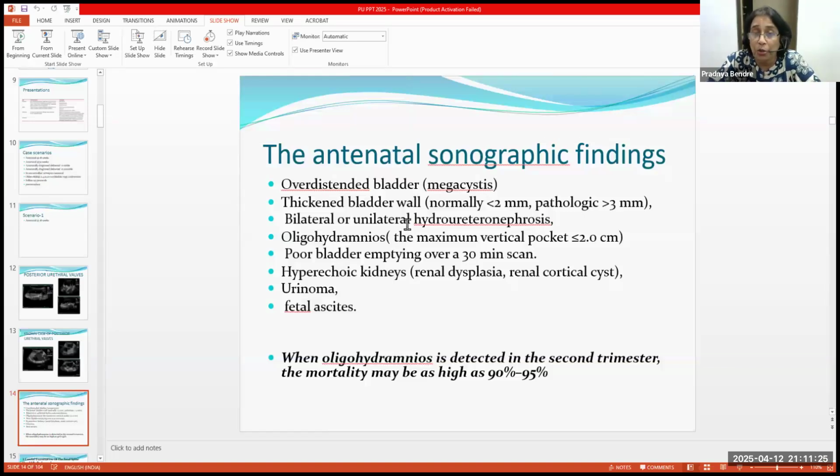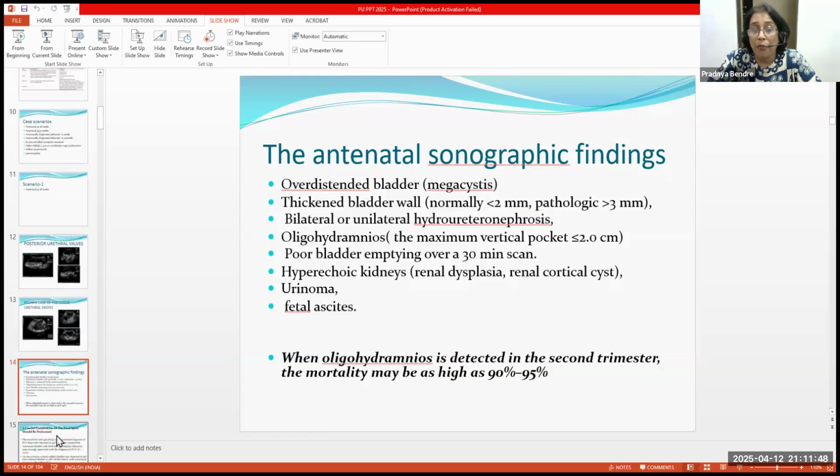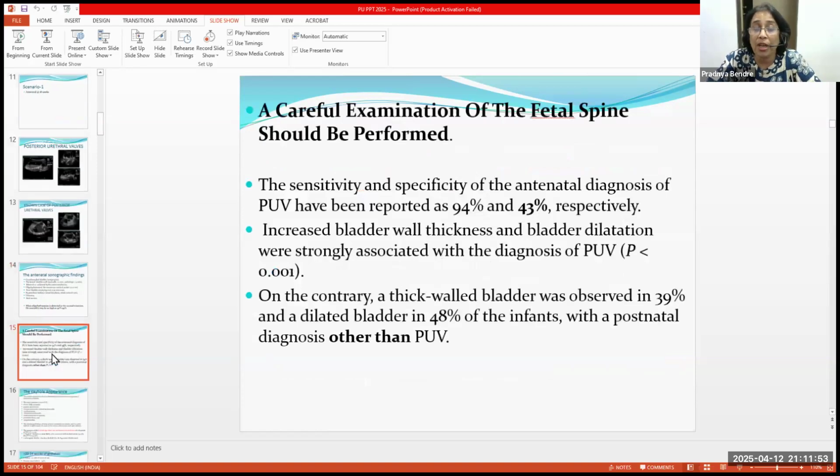You have to reach the diagnosis of posterior urethral valves. With hydroureteronephrosis, you immediately need to ask what the status of the bladder is, what the status of the fluid is, how the kidneys are, and based on that we would generally come to a conclusion whether it is posterior urethral valves, and what type: a severe, bad prognosis posterior urethral valve or a good prognosis one.